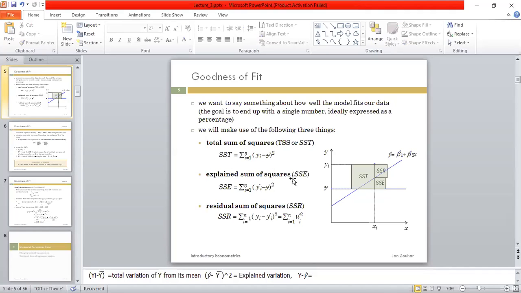That is explained sum of squares, also called explained variation. Another part is our old friend, residual sum of squares. Residual means Y minus Y hat. You square all the residuals, you add all of them together, you get residual sum of squares, RSS or SSR.